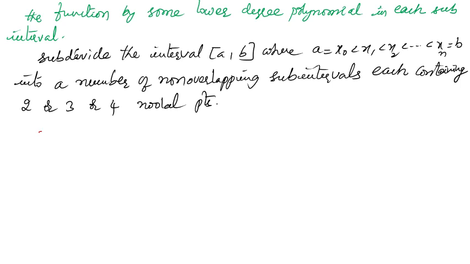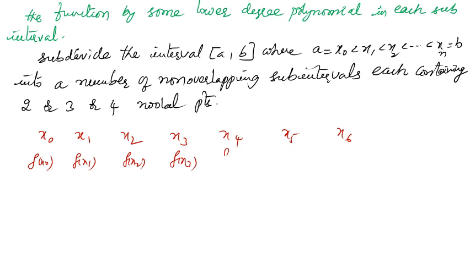Let me explain. This is x0, x1, x2, x3, x4, x5, x6, so 7 nodal points, with the corresponding function values f(x0), f(x1), f(x2), f(x3), f(x4), f(x5), f(x6).